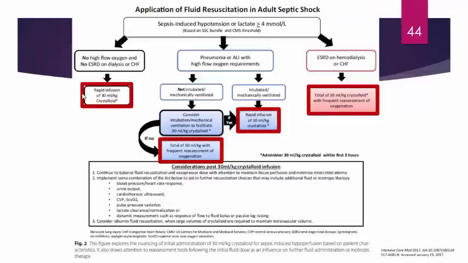So no matter if you have ESRD, CHF, pneumonia, acute lung injury, all of those qualify for 30 mL per kilo, even if you may consider the patient to be volume overloaded. It's still important to support your patient's intravascular status. So there's actually more benefit in giving them fluid than not giving them fluid. And there's another one too. This must be done within 3 hours.